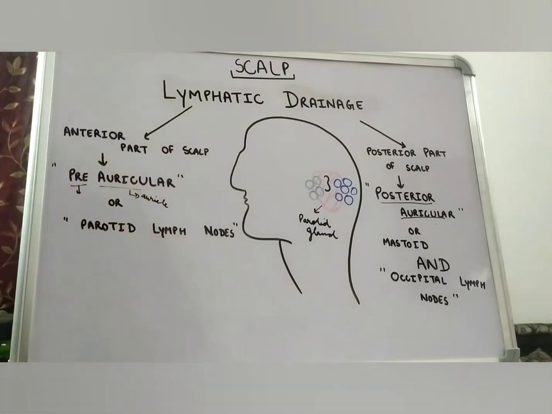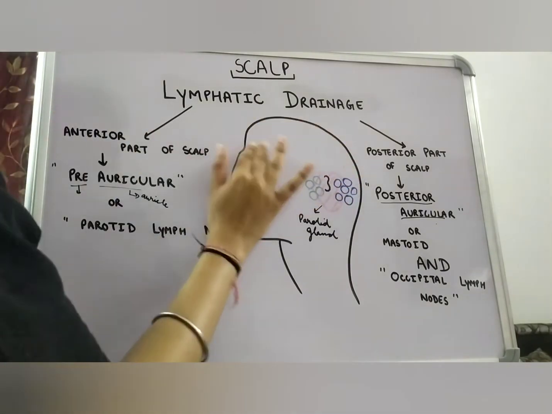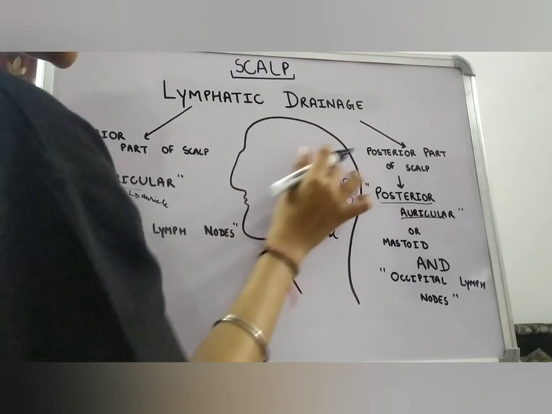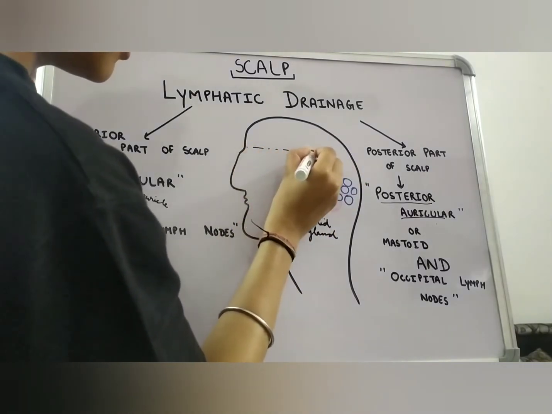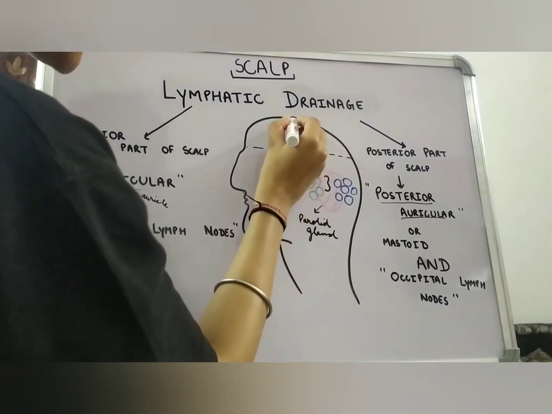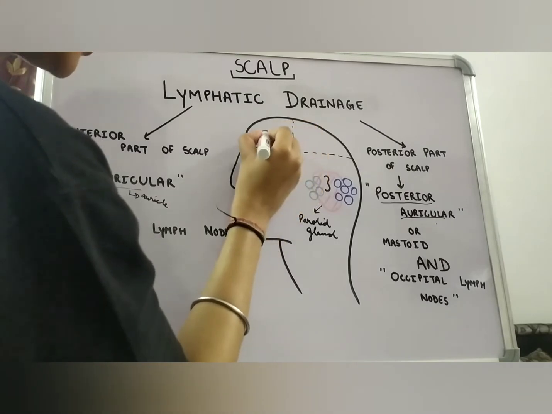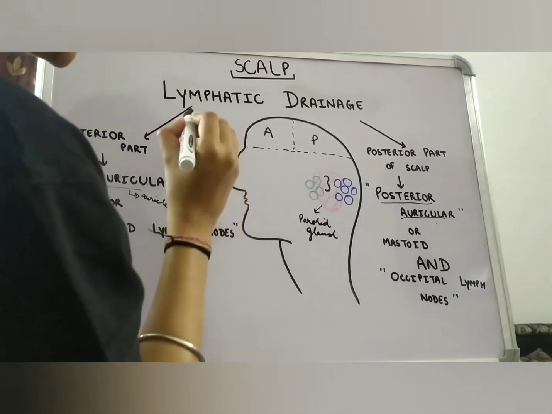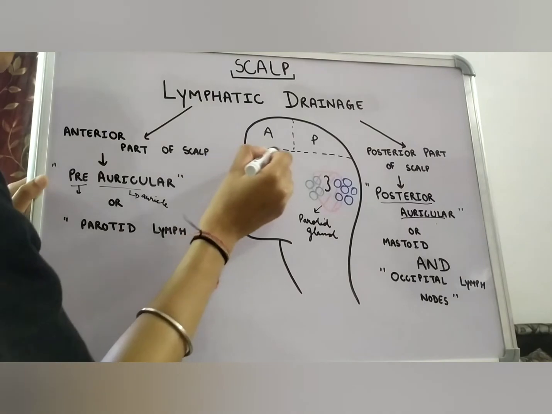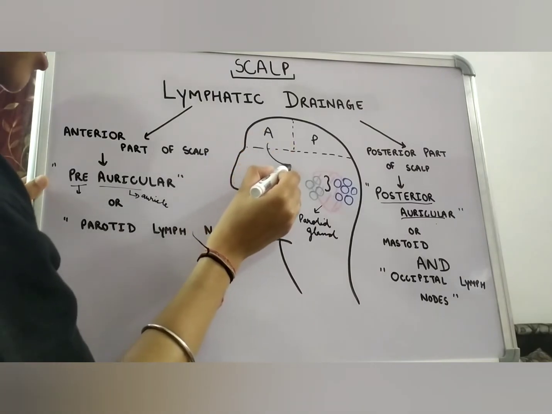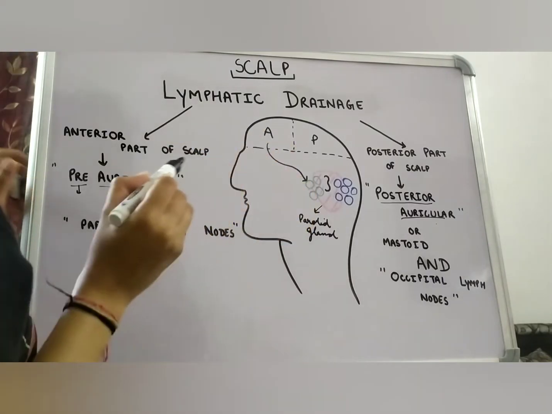So now let's begin. If this is your scalp, and just for understanding purposes, let's divide it into the anterior part and the posterior part. So this anterior part of the scalp would drain into the anterior group of lymph nodes.